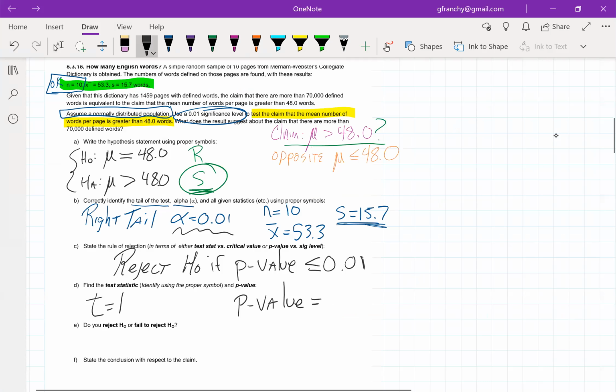So our t is 1.068. Our p-value, and I line these up right underneath. And is 0.1568 less than 0.01? No, it is not.